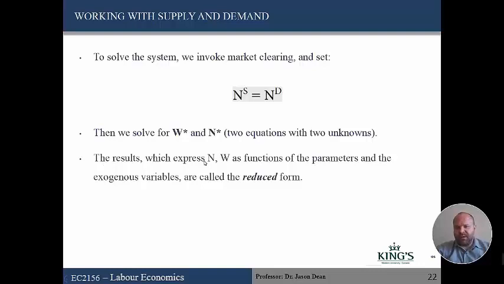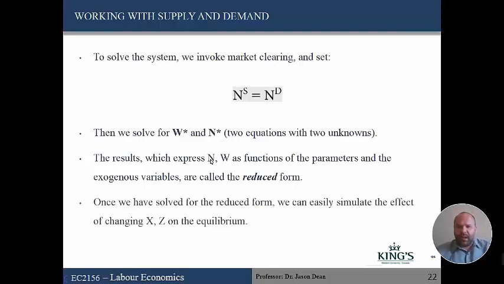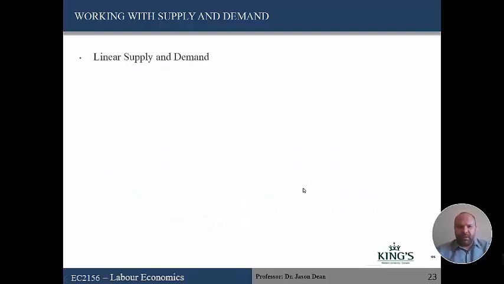The results, which express N and W as functions of the parameters and the exogenous variables, are called the reduced form. So when we solve this for W star and N star, the intersection of the two curves, that's called the reduced form. And once we have that reduced form, we can easily simulate what would happen if there was a change in X or Z on the equilibrium.